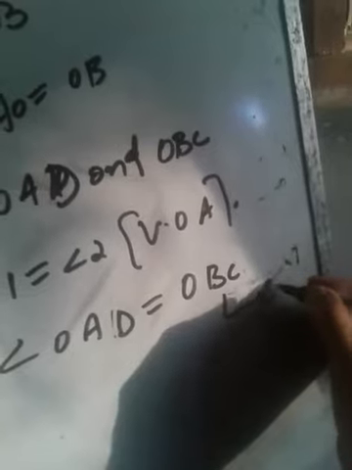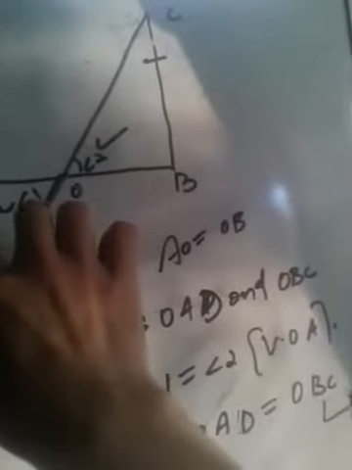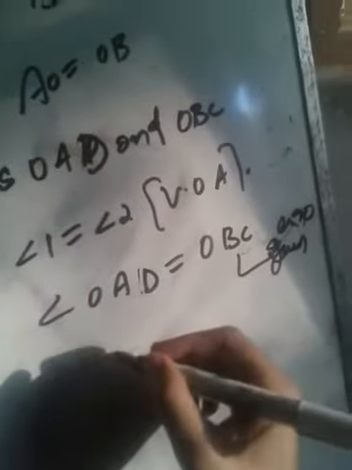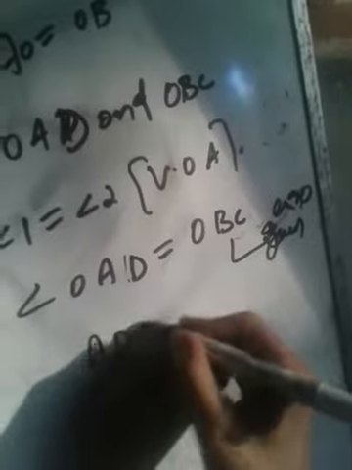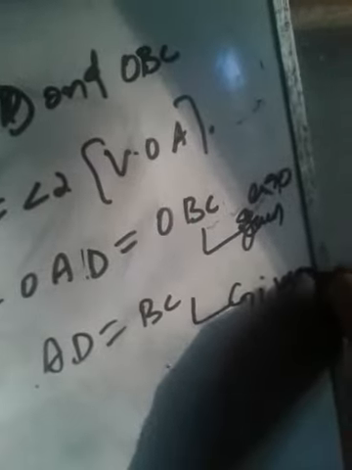Why? Each is 90 degrees, this is given. AD equals BC. This is also given, they are equal perpendiculars.